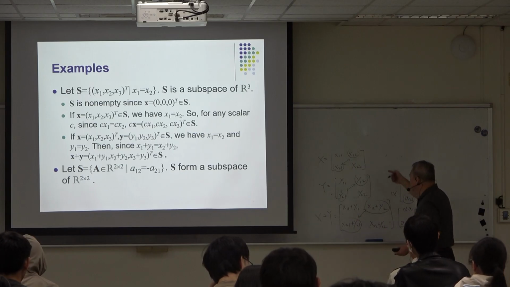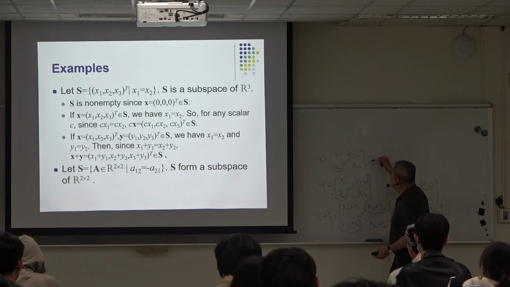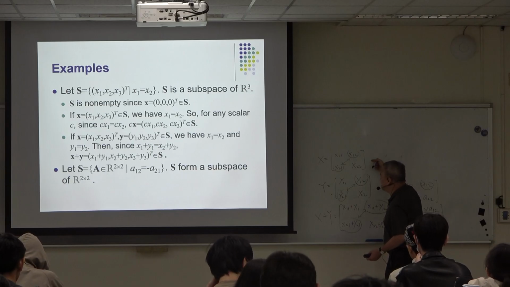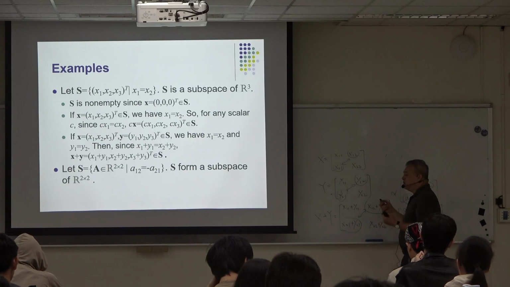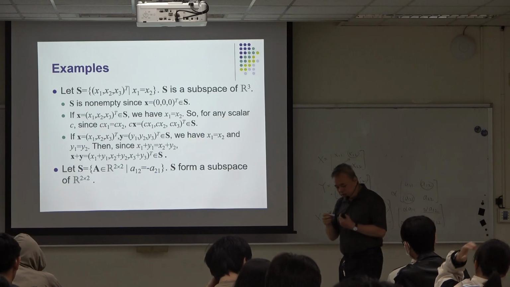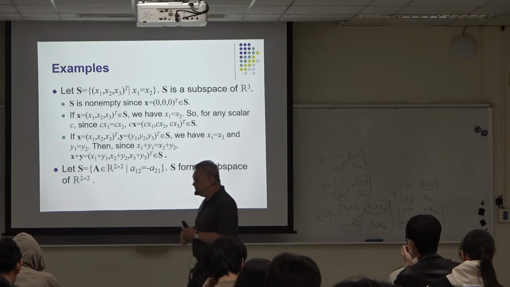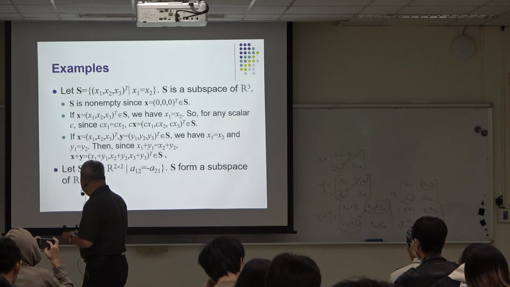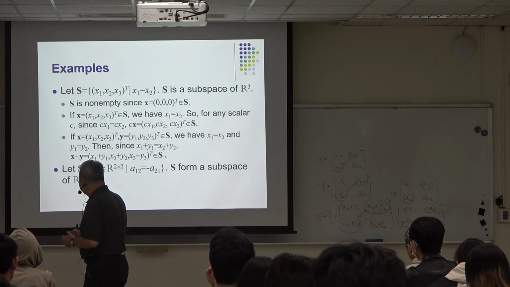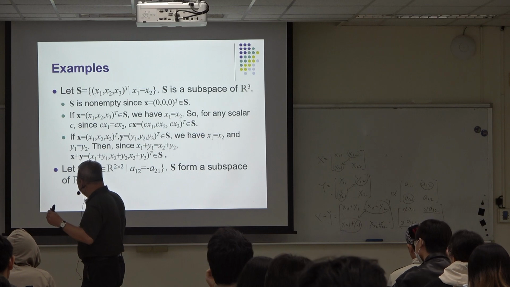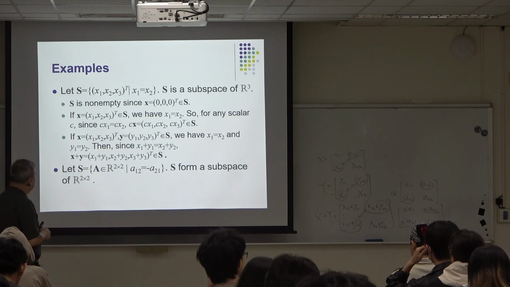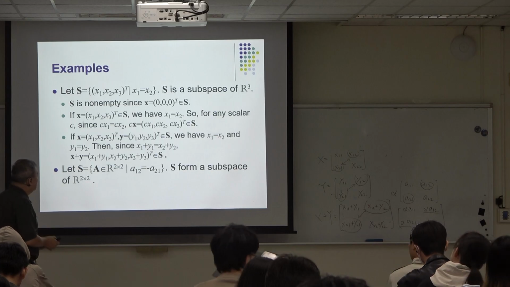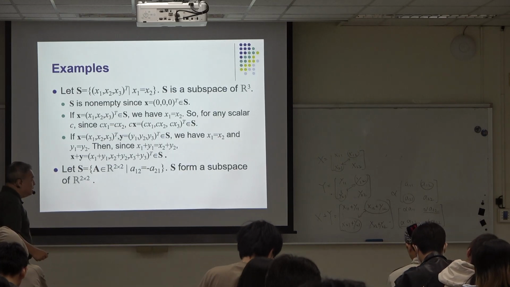So if this is one element in S and this is one element in S, the sum is also an element in S. So the addition is closed in S. So S is a subspace of R 2 by 2.